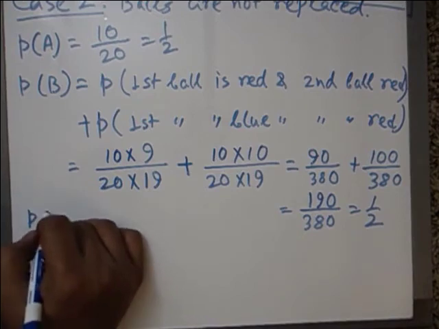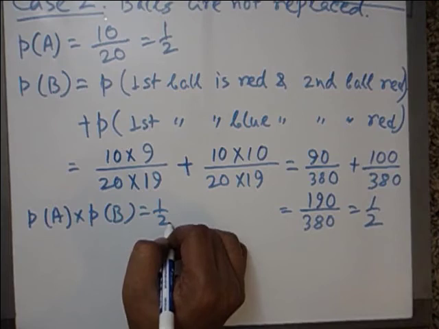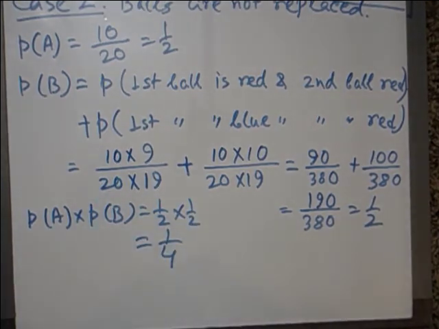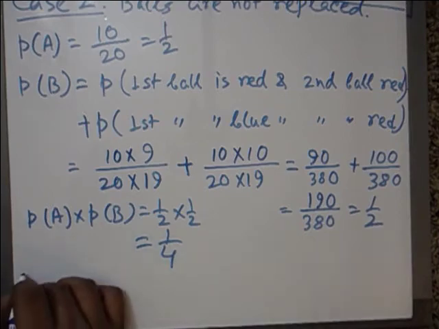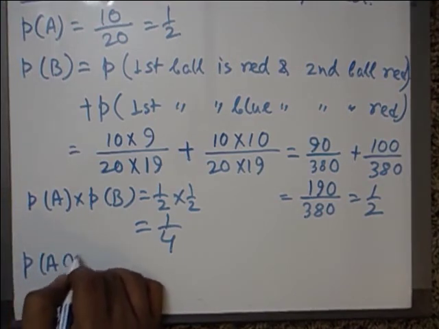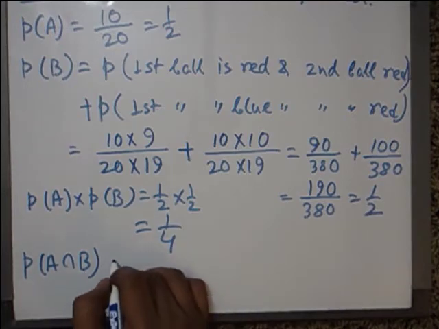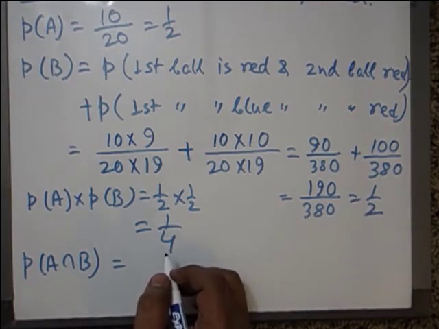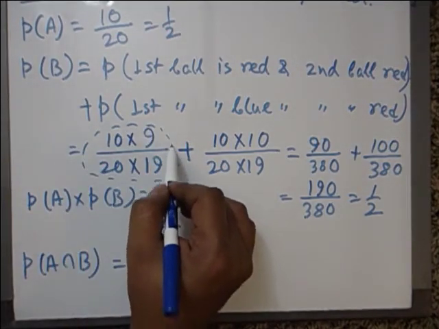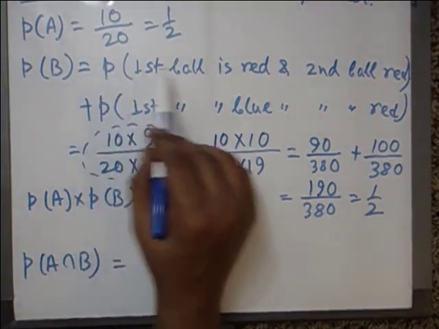So probability of A times probability of B is half times half equal to 1/4. Now probability of A intersection B is where it becomes different. A intersection B means that the first ball is red and the second ball is red. That means this case.